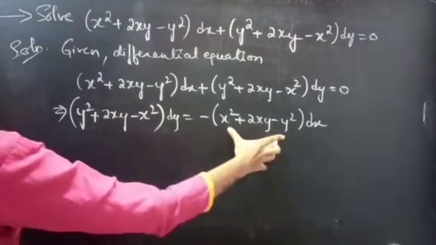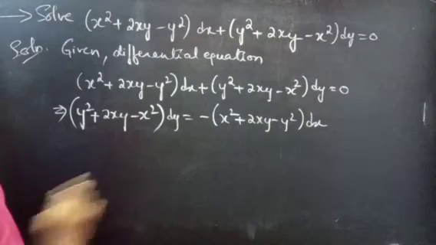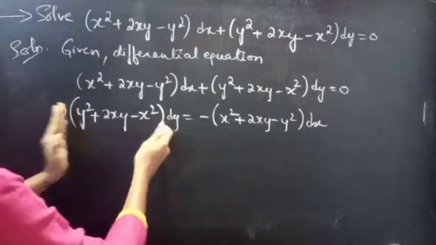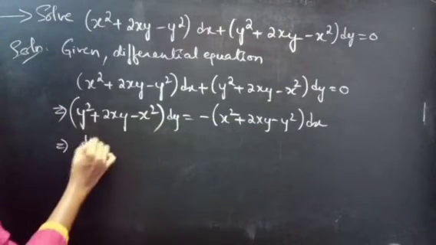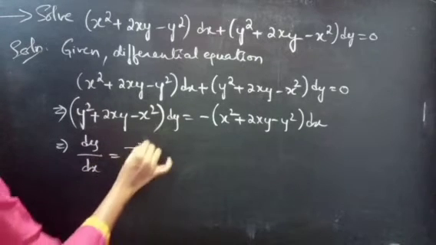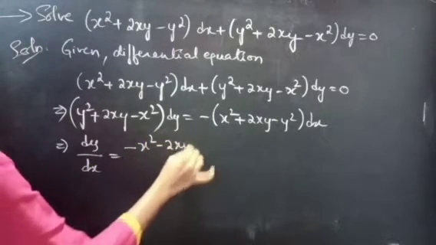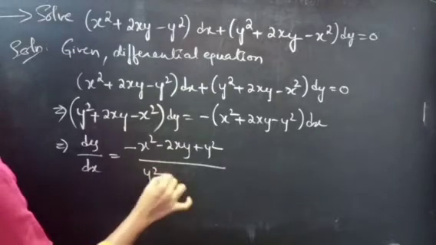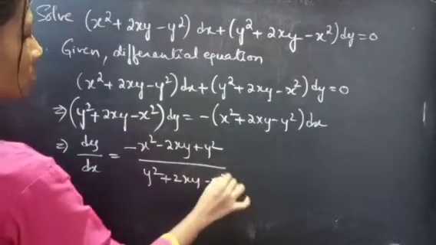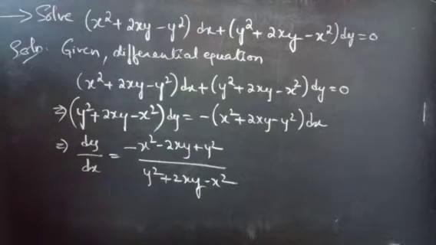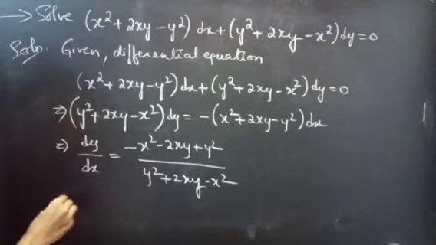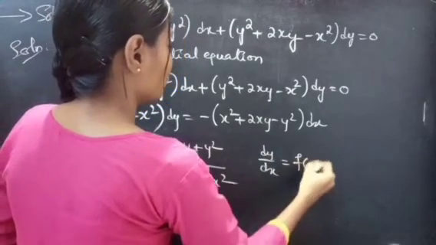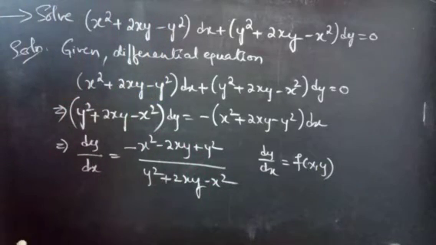Now, let's bring the differential dx to the LHS and take the rest to the RHS. Then we'll get dy/dx = (−x² − 2xy + y²)/(y² + 2xy − x²), which is dy/dx equals some function of x and y, right?